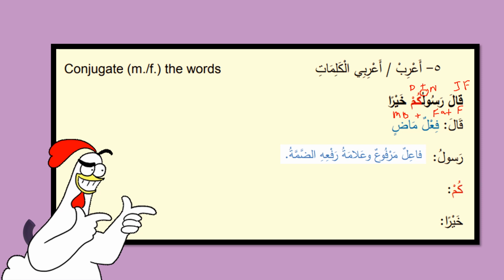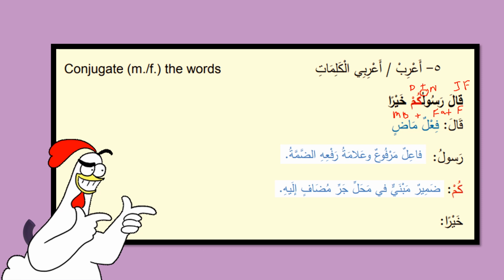Now, when kum is attached with the noun, what will be the i'rab of the damir kum? It will be mudaf ilayhi. So, damir mabni fi mahall jar mudaf ilayhi. And what about khayr? All these, the damir came in between. So, you need to give the i'rab of the damir also when it comes attached with the noun.